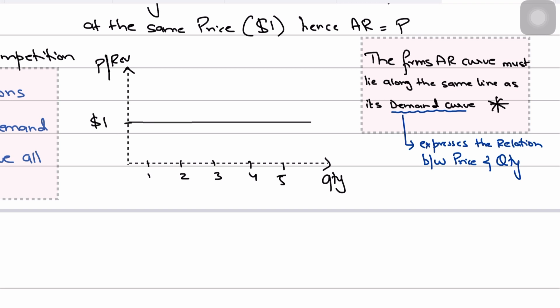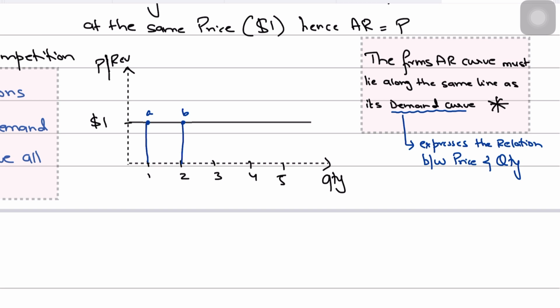So every point on the average revenue curve indicates the average revenue at a specified quantity. At point A the average revenue is $1, and at 2 units, point B, the average revenue is also $1, and both values refer to average revenues, which are equal to the price.